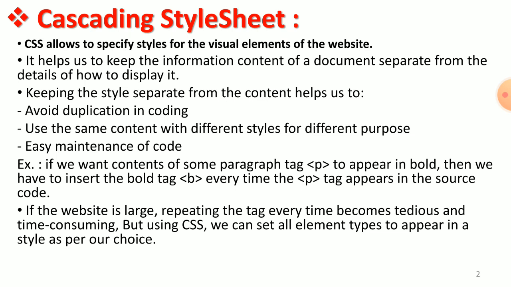If the website is large, repeating the tag every time becomes tedious and time consuming. But using CSS, we can set all element types to appear in a style of our choice. So even if we have many p tags in the website, using CSS we can set the style for all the p tags at once.